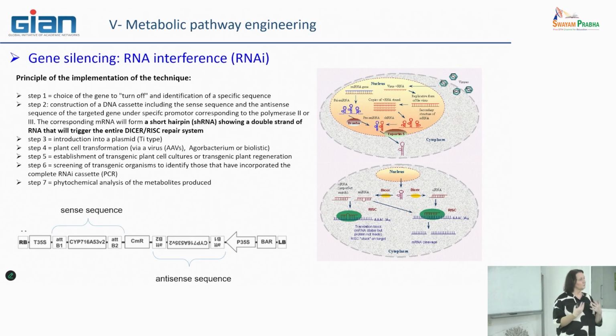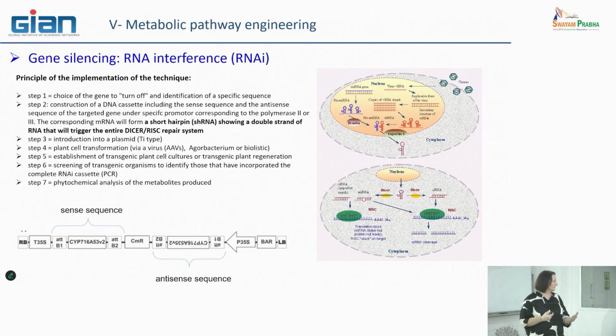So it was a useful tool to study, for example, the functionality of one particular enzyme that has just been discovered, when you want to see in which pathway this enzyme could be involved. So you can generate specific transgenic plants, including this type of construction.